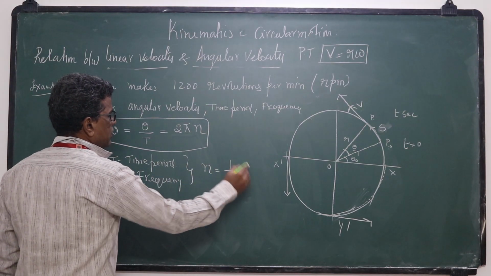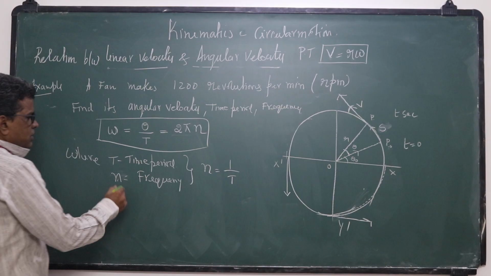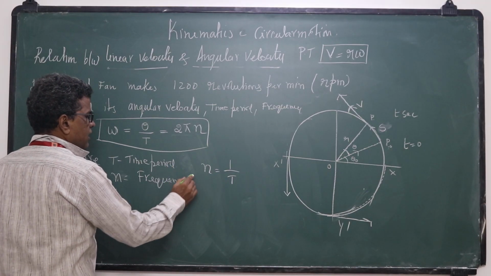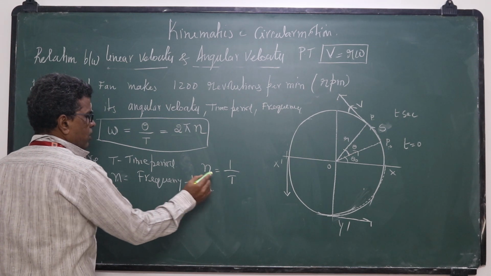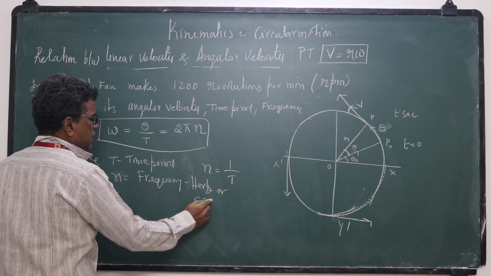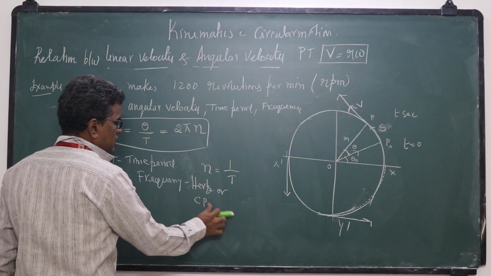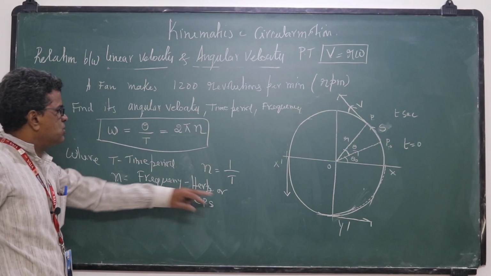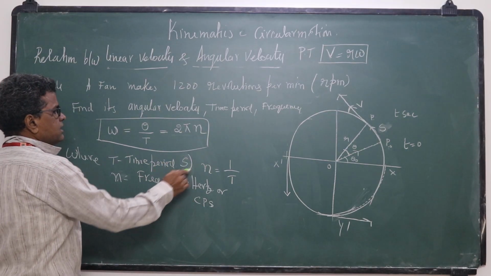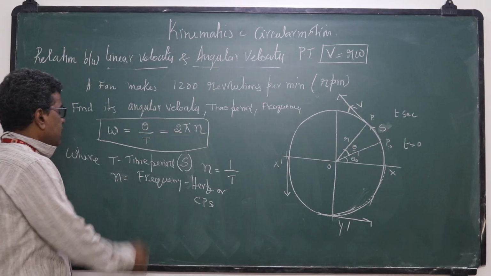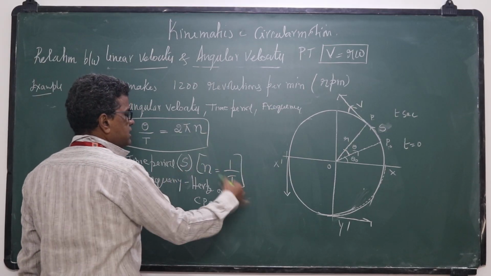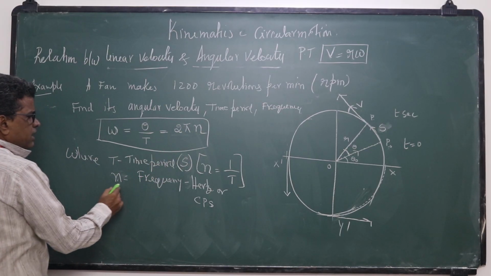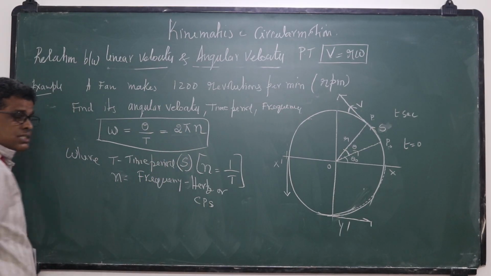Frequency is equal to the inverse of time period. Frequency is measured in Hertz, so its SI unit is Hertz or cycles per second, CPS. What is CPS? Cycles per second. The time period's SI unit is seconds. How are these two related? n is equal to 1 by t, where n is the number of revolutions per second.